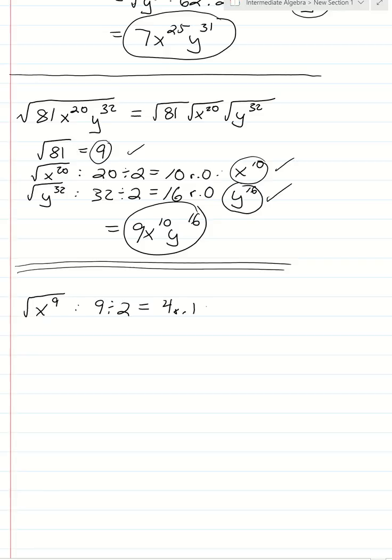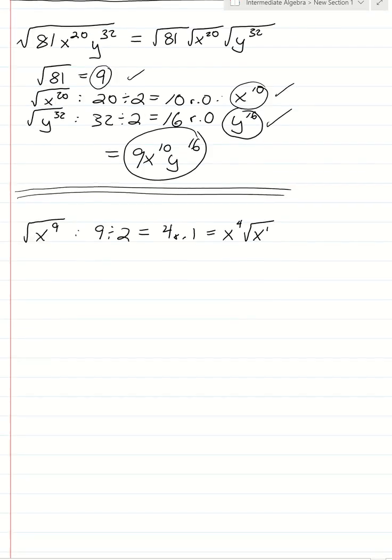That means we're going to have an x to the 4th power outside, and a leftover x to the 1st power under the radical. So these numbers give me the exponents of the quantity that's outside as well as the quantity underneath the radical.